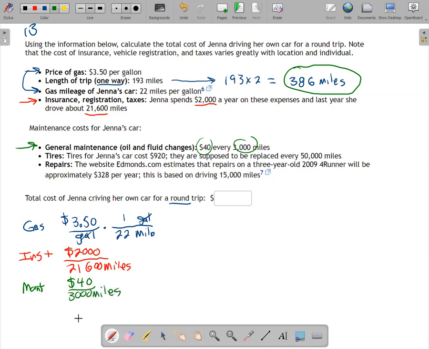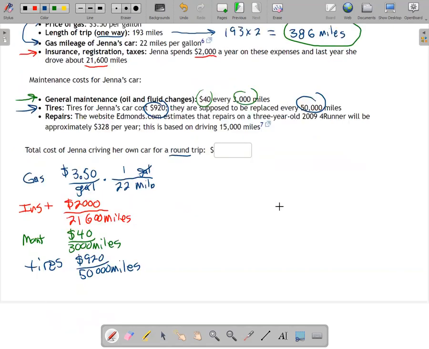All right, so what I'm doing is I'm collecting all of the costs per mile, and then I'll apply them. All right, tires, $9.20 for every 50,000 miles. There's a little bit more room.